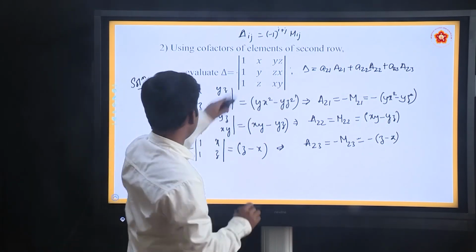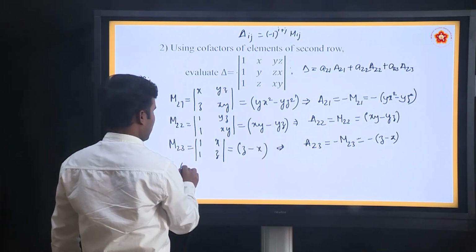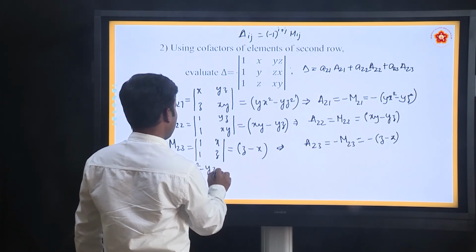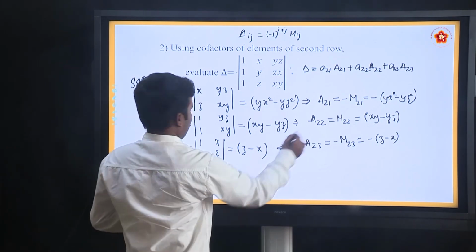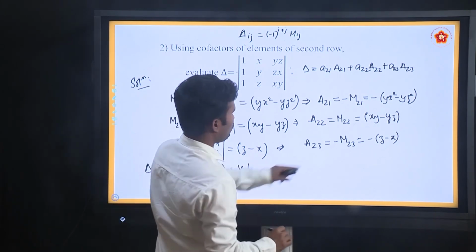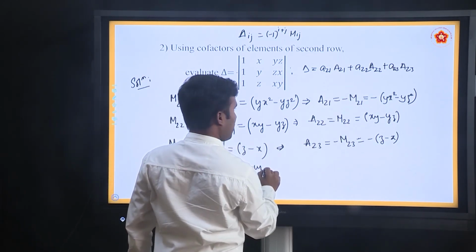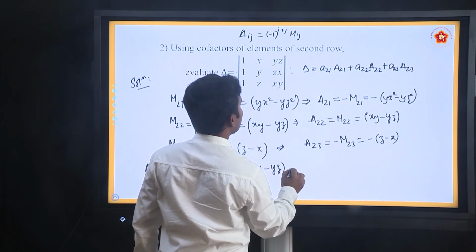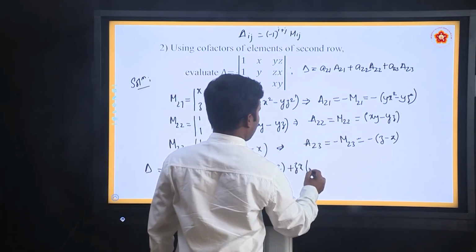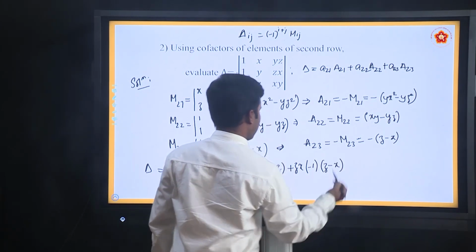Delta is equal to 1 into A21, which is 1 into minus y x square minus y z square, plus y into cofactor A22, which is xy minus yz, plus zx into cofactor A23, which is minus of z minus x.